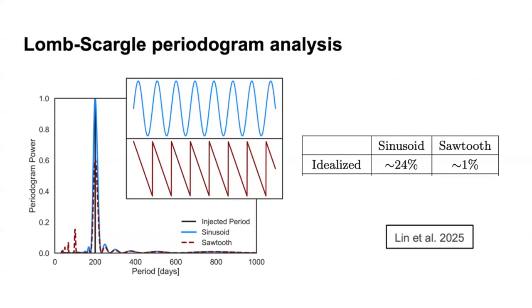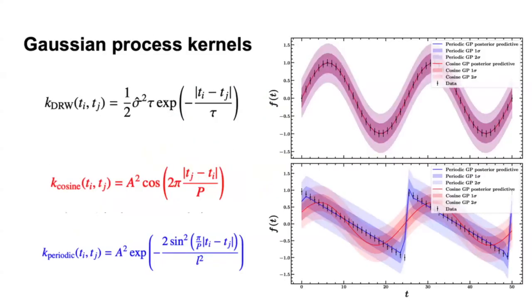So we tried to use an analysis similar to the one I presented before, where we use Gaussian processes, where instead of having a covariance matrix that is just the one of a damped random walk, we have some information about the periodicity. Okay, so in order to describe periodicities, we have two ways.